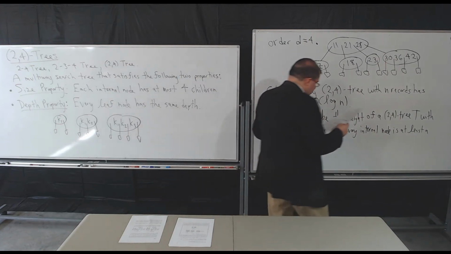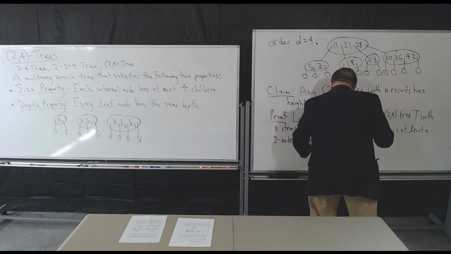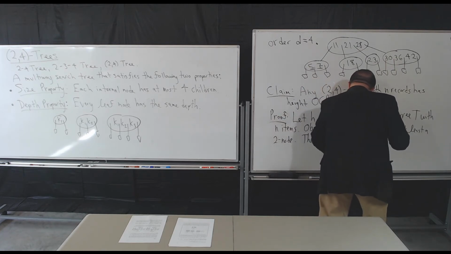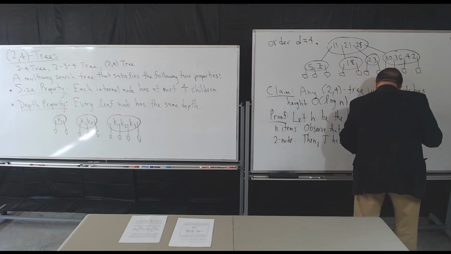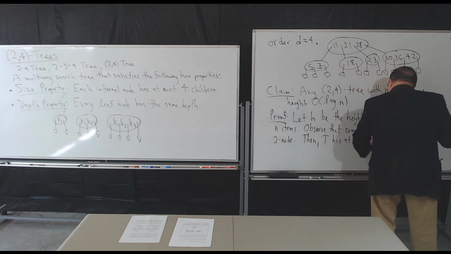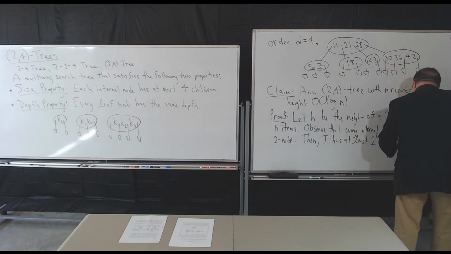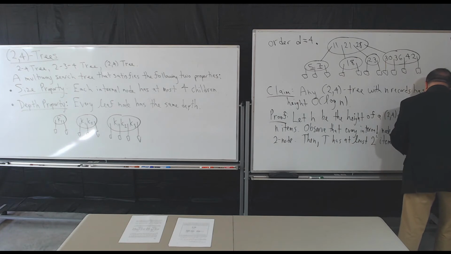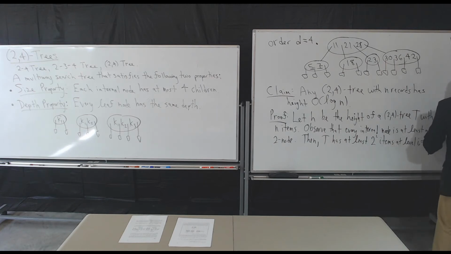Then T has at least 2 to the power of i items at level i, where i is equal to 0, 1, all the way up to h minus 1.